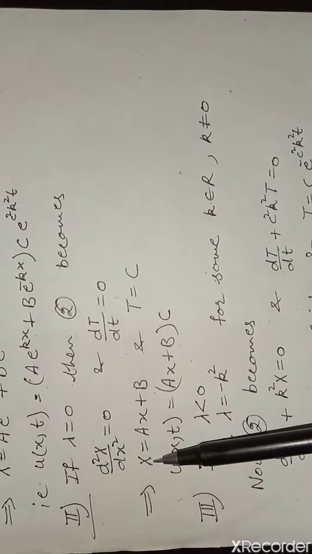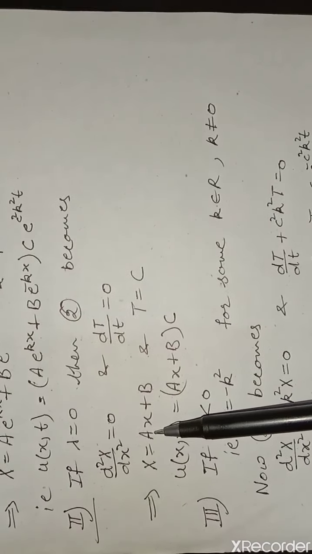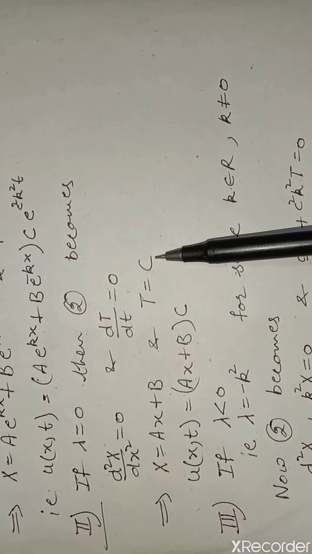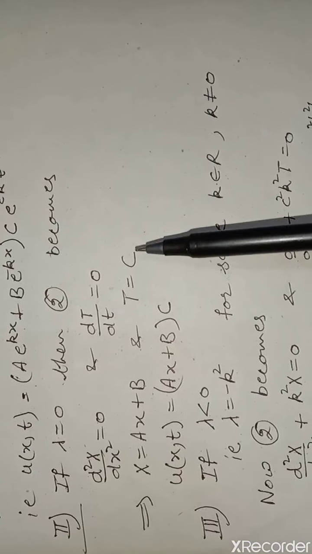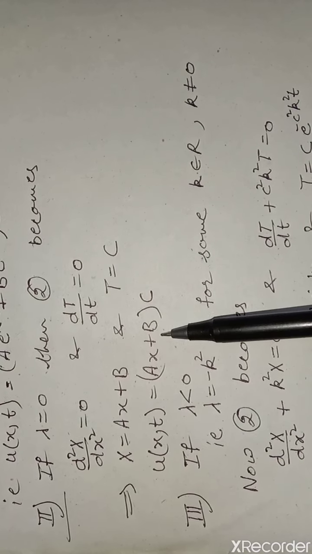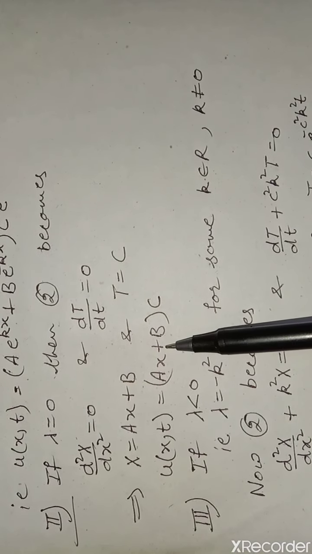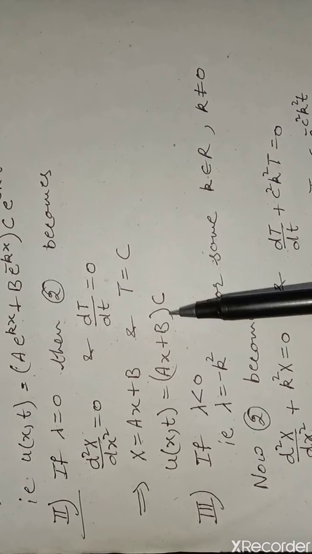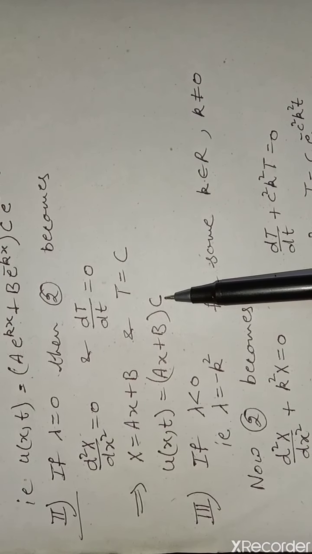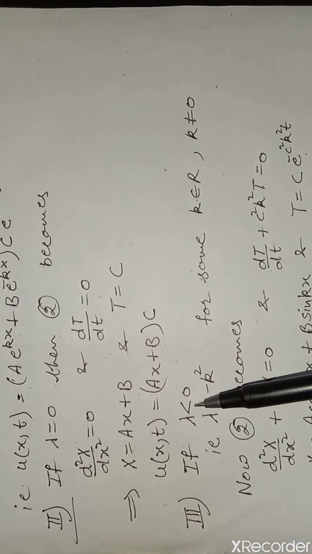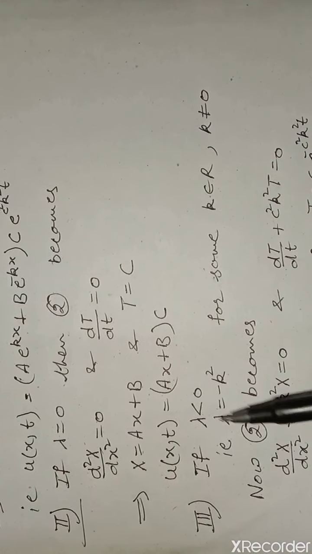We get X is ax plus b, and T is only a constant c, where a, b, c are all arbitrary constants. Again in this second case, u can be expressed as the product of capital X and capital T. Now the third case: if lambda is less than 0, it means lambda is negative.